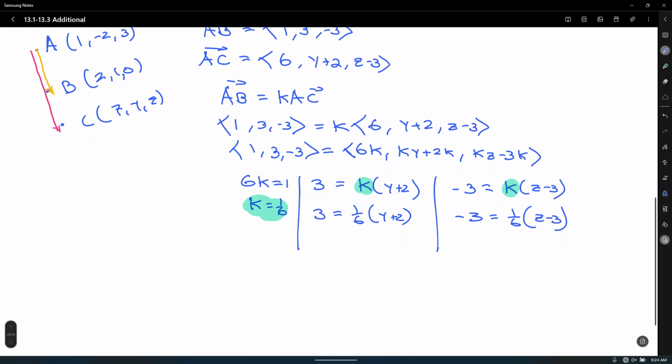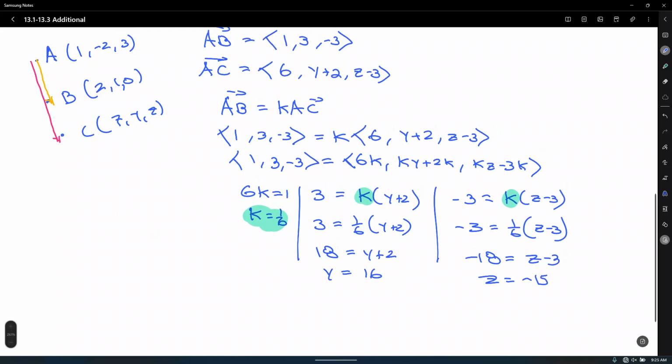From here we can solve for y and z and get the y coordinate and the z coordinate. So that's 6 times 3, that's 18, equals y plus 2, and y equals 16. 6 times negative 3, negative 18, equals z minus 3, and z equals negative 15.